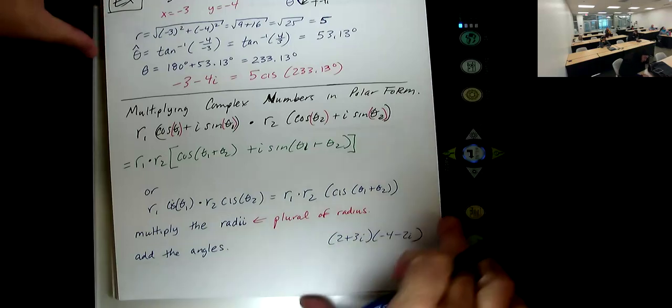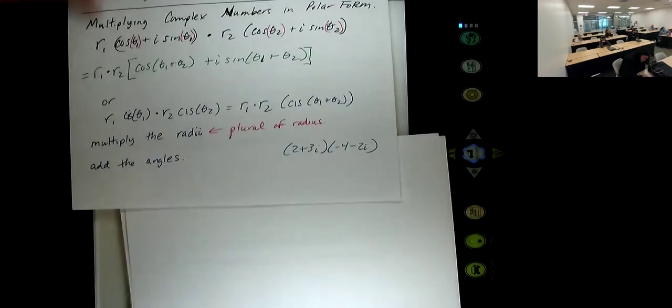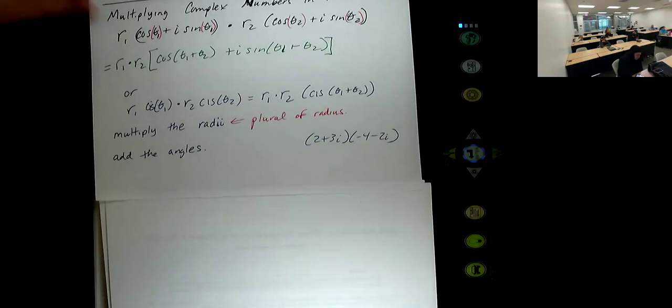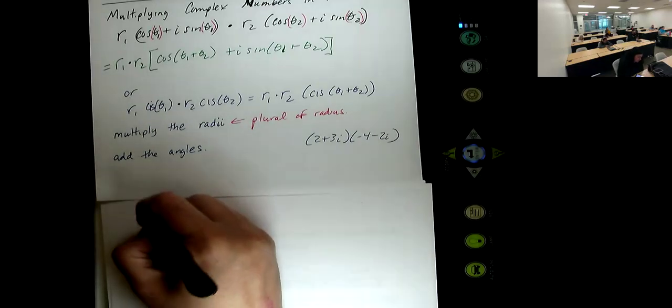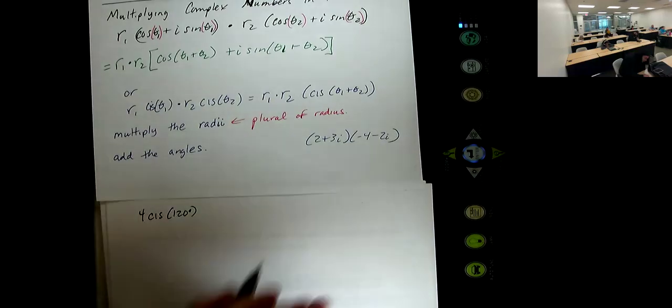But on our first example, let's do both forms and make sure it works. Let's make sure I'm not making things up, because we know I'm pretty shifty. So let's use 4 cis 120 and 5 cis 30.